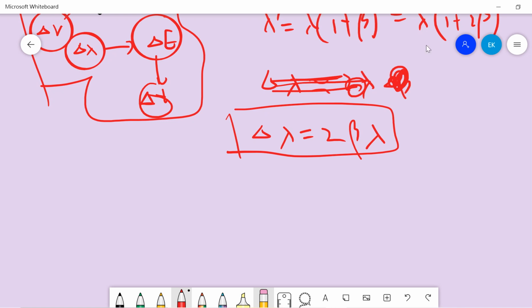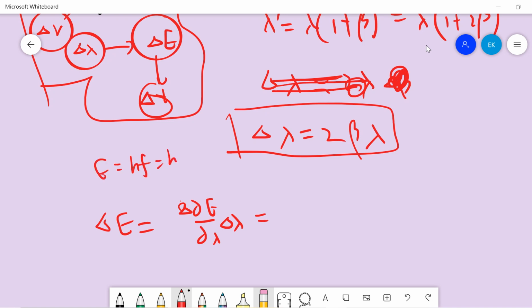Then we need to find delta E. Delta E is partial E over partial lambda times delta lambda, where E is just hf, so it's hc over lambda. This can be solved very quickly. Since we only care about the magnitude, the minus sign does not matter.